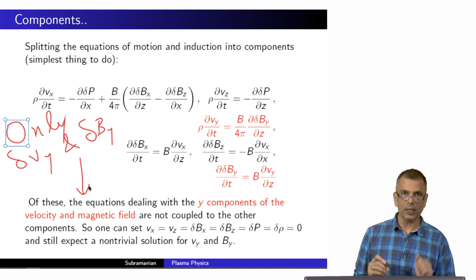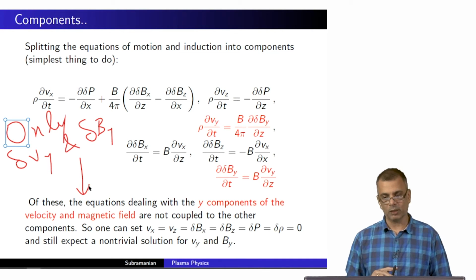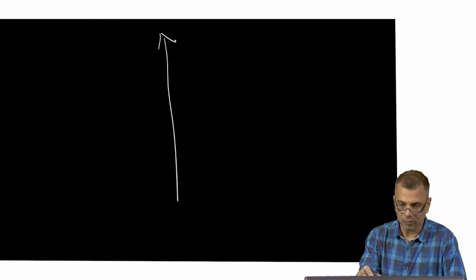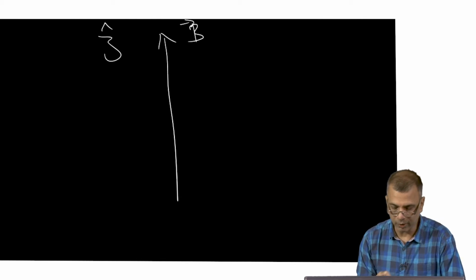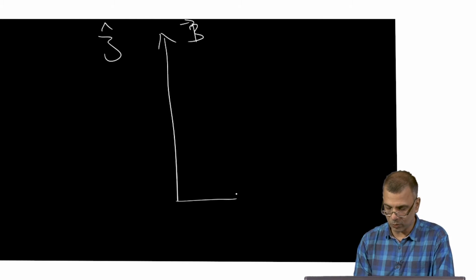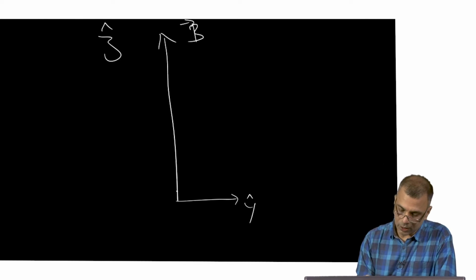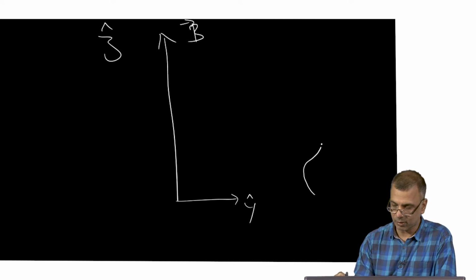In other words, you have a magnetic field pointing in the z direction, z hat, and suppose this was the y direction. We are considering a perturbation of the magnetic field that looks like this.